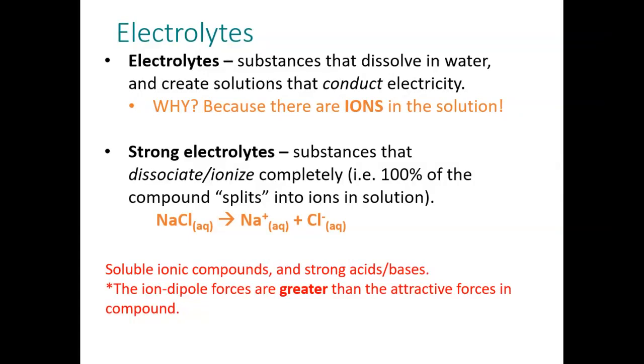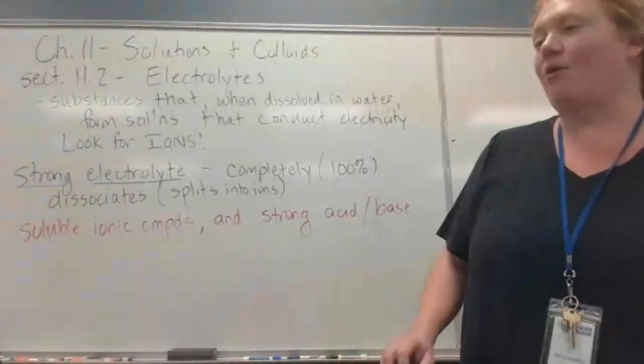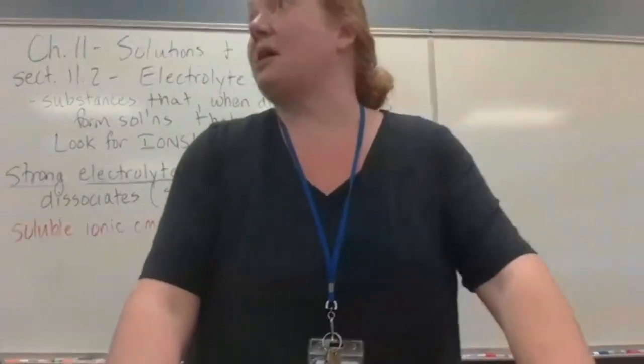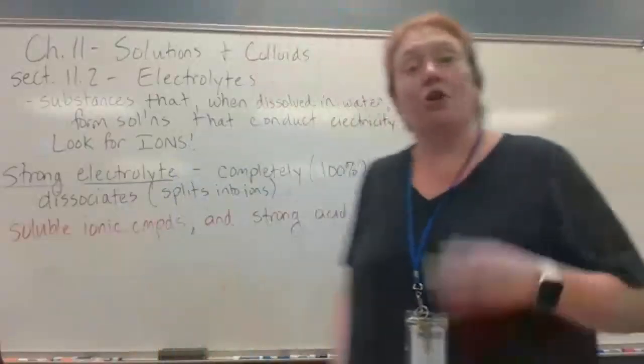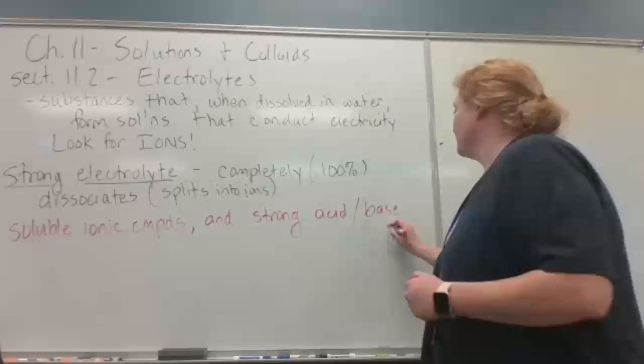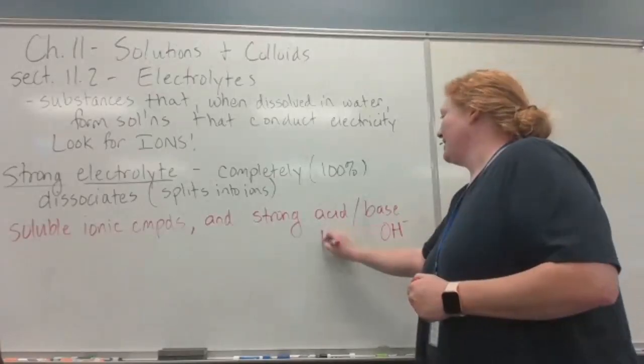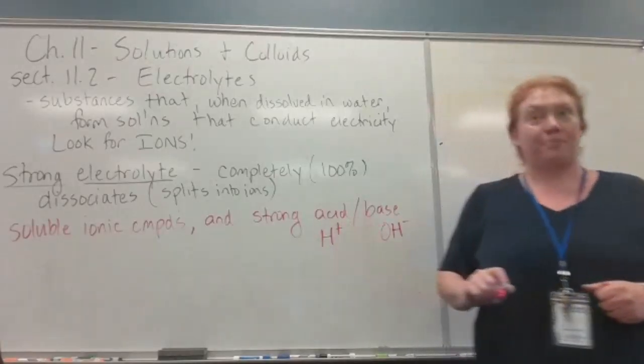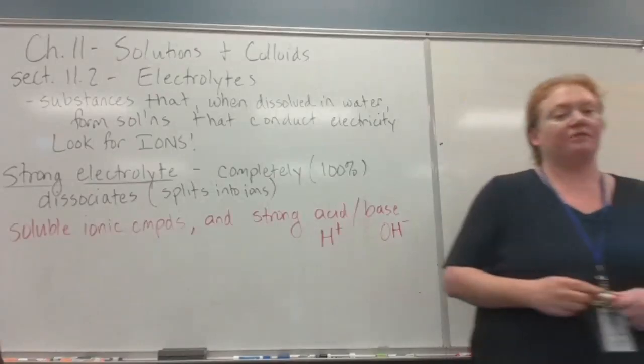Okay, what about strong bases? Anybody remember any strong bases? How about sodium hydroxide? Bases are often compounds that contain the OH minus ion, right? Acids contain the H plus ion, bases contain the OH minus ion, right?